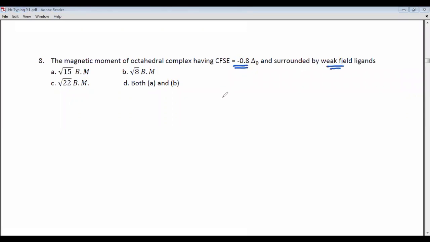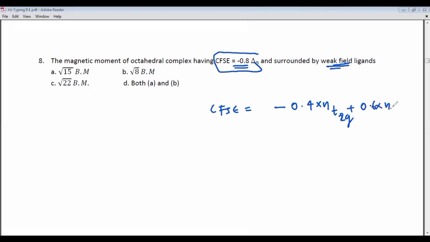Fine. So this is a CFSE and the ligand is a weak one. Then what about the unpaired electrons? We know the equation for CFSE: minus 0.4 times the number of t2g electrons plus 0.6 times the number of eg electrons.